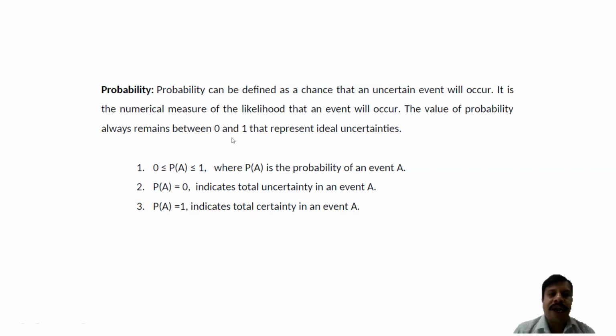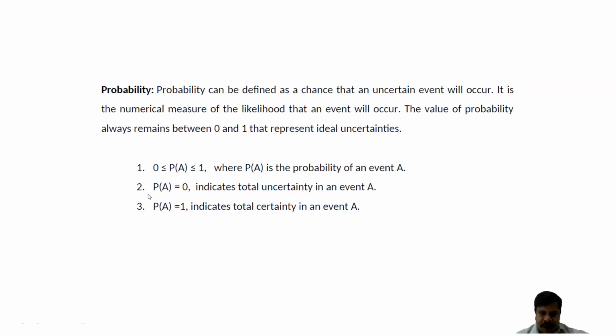The value of probability always remains between 0 and 1, representing ideal uncertainties. If probability is 0, the event will not occur at all. If probability is 1, there is a 100% chance. So we measure the occurrence of an event in percentage. That is nothing but probability.